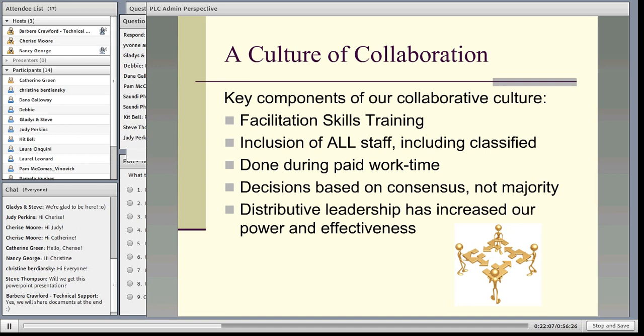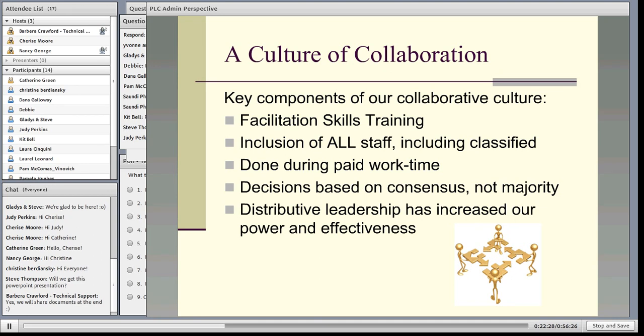And so for us, we had the good fortune of being able to cancel classes, and we sent all of our instructors to that training. That really helped get us off the ground with having a common understanding of what professional learning communities were and getting that common language going.